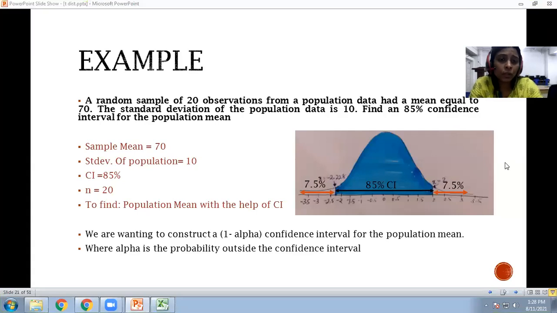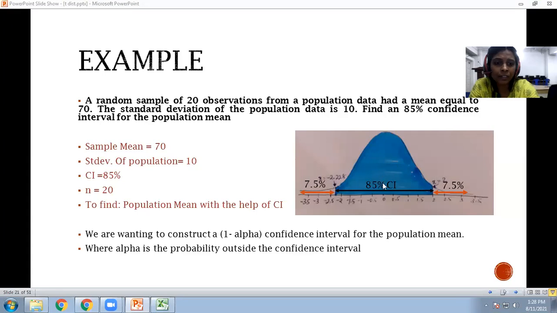Before we move on to the Excel, I am just diagrammatically showing you what exactly we're going to do. If we have a normal distribution like this, 85% confidence level will be somewhere in between here. Out of 100%, 85% is accounted for.